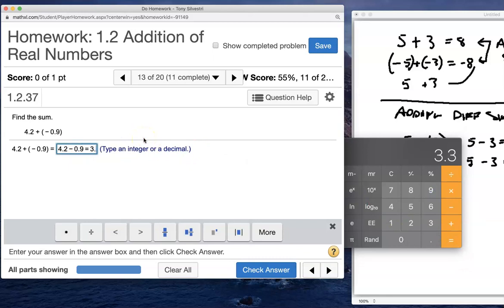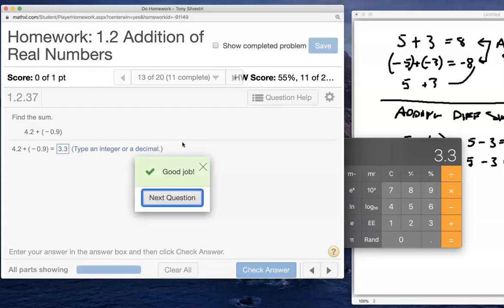But now we have to decide, is this number positive or negative? Well, it's positive because the bigger absolute value is positive over here. So I would say that 3.3 is the answer. There's your good job right there.